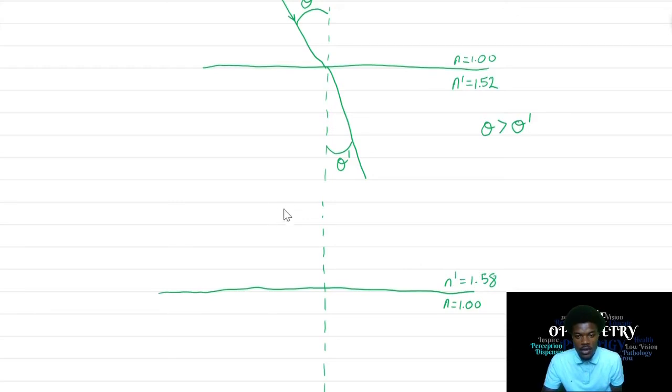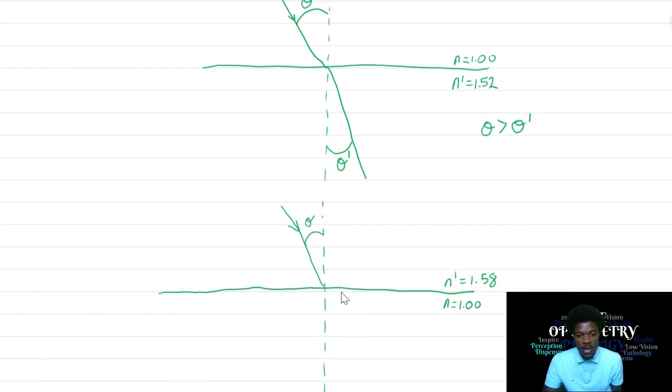So again, we have our ray of light coming in, as we call it, the incident ray. It's going to form an angle, theta, to the normal, which is the angle of incidence. However, as we go from a medium that is more dense to a medium that is less dense, again it's going to refract.